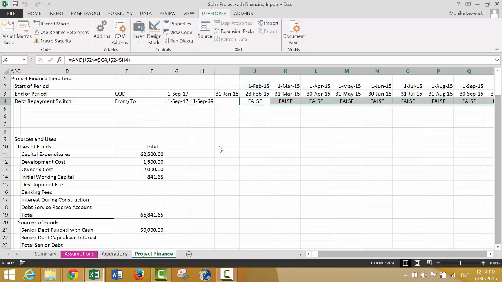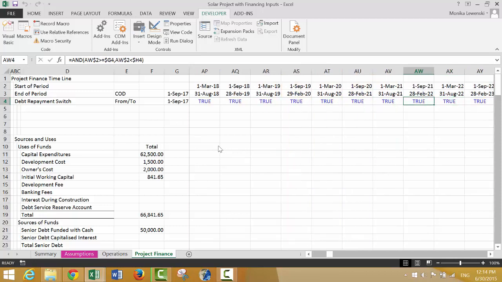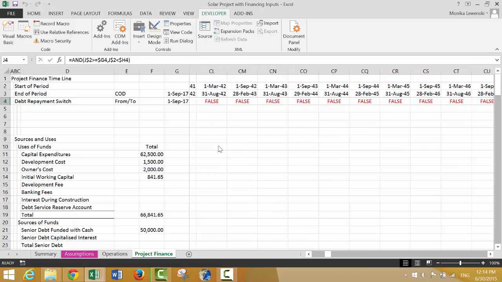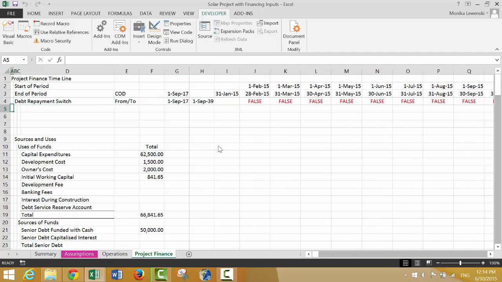Okay, do you remember if we press Shift Control T, we see here's when it starts, and that's when it finishes. Now we're going to need a whole bunch of switches in this part of the model, but one of the key switches will be the month before COD.